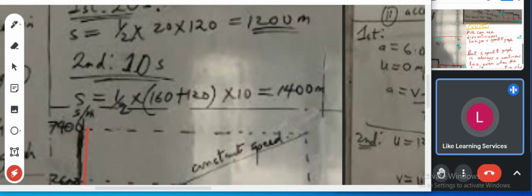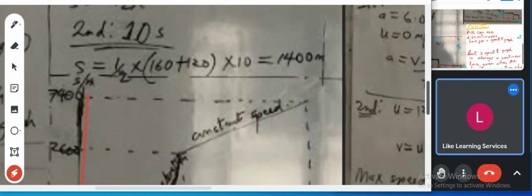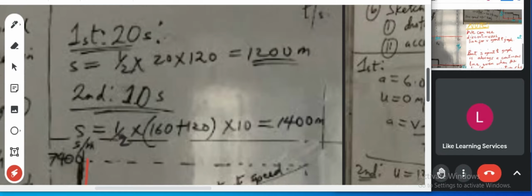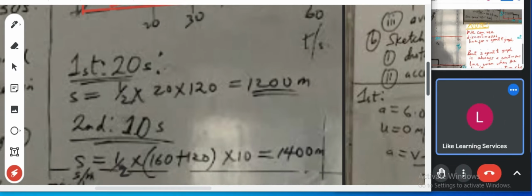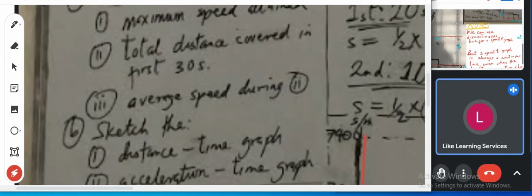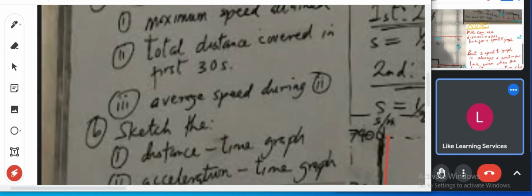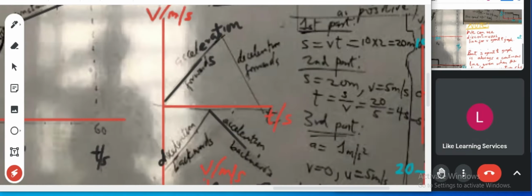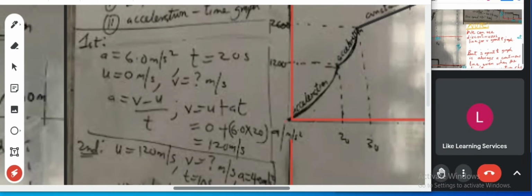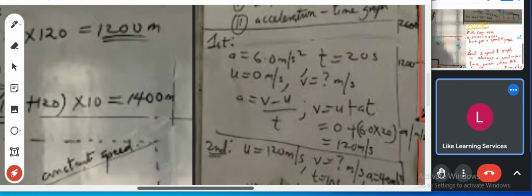So the total distance will be 1,200 plus 1,400, isn't it? That's what the question asks us to find: the total distance traveled in the first 30 seconds, so the summation of the two.